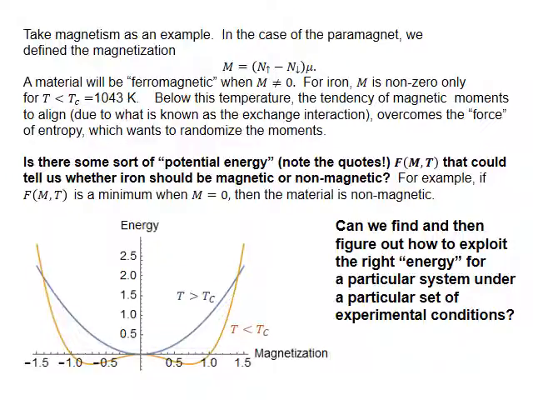Right? And depending on which of those conditions prevails, one would pick a different type of energy. But that's our general program, is can we find this analog to potential energy in mechanics that we can use to understand thermodynamic systems.